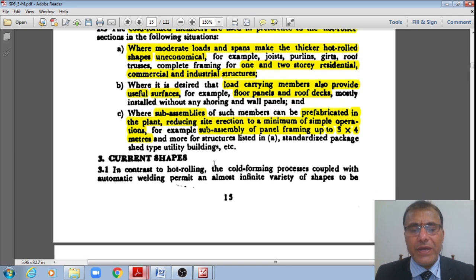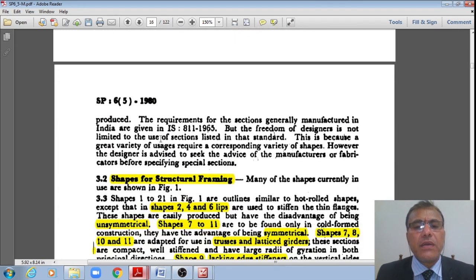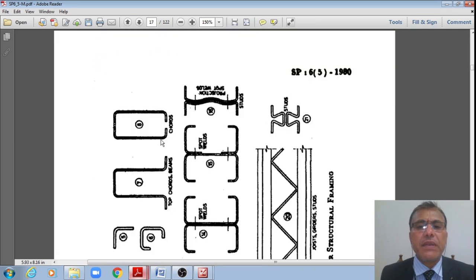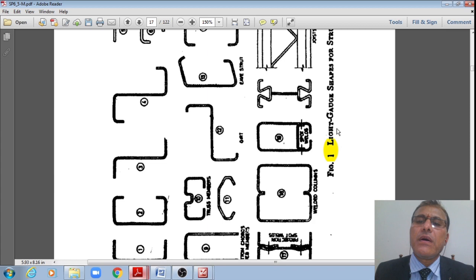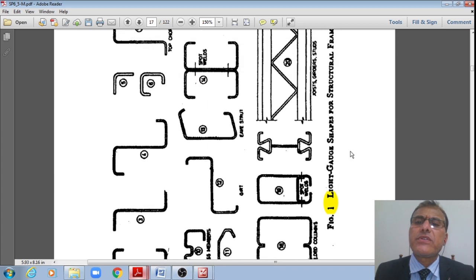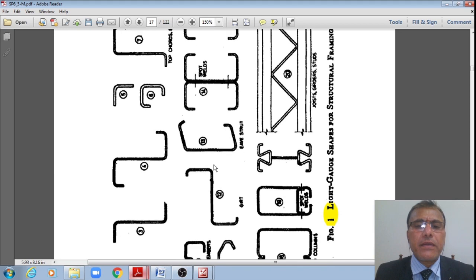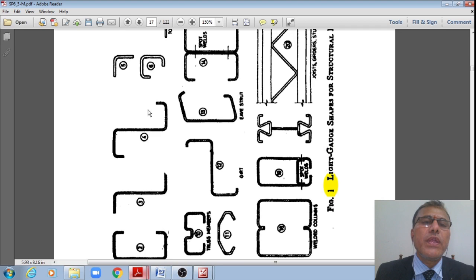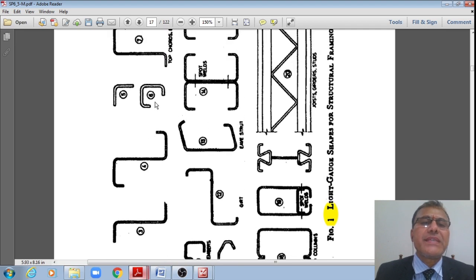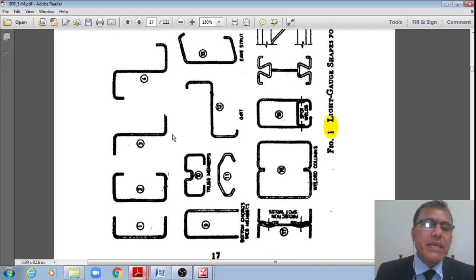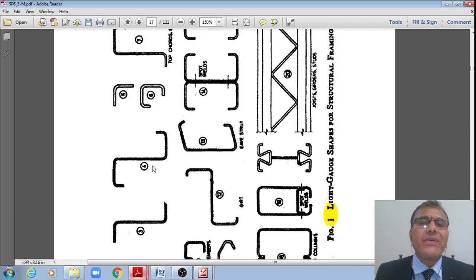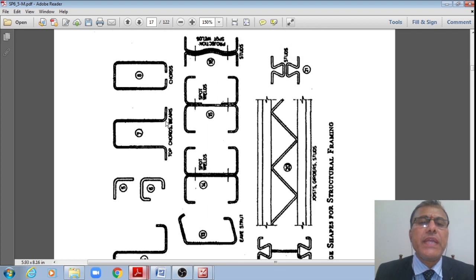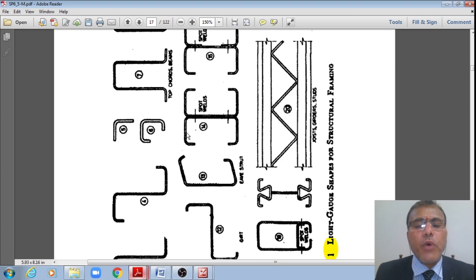However, now let us move to the different shapes of the structural framing elements or members that are available. These are the light gauge shapes for structural framing. Shapes 1, 2, 3, 4, and 5, 6 are all unsymmetrical sections, whereas from 7, 8 onwards we have the point symmetric sections.